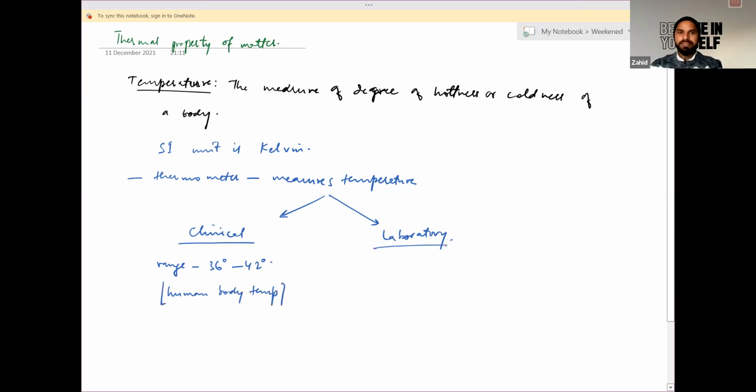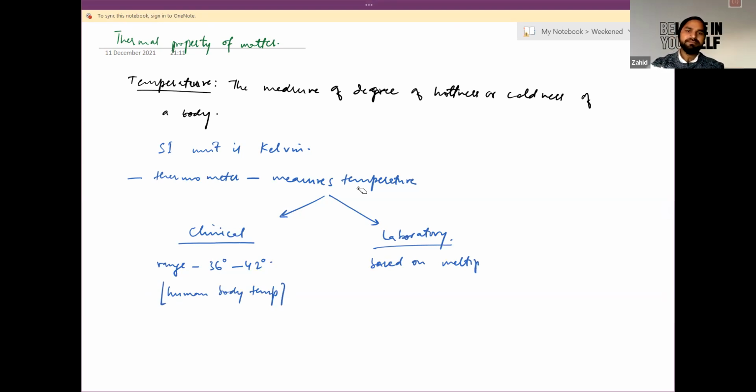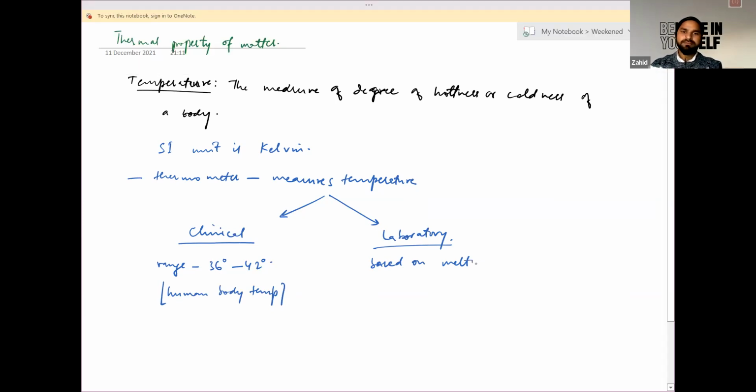But the laboratory thermometer is based on the melting point of ice and the boiling point of water. So we can simply assign a particular thermometer related to these two main scales.